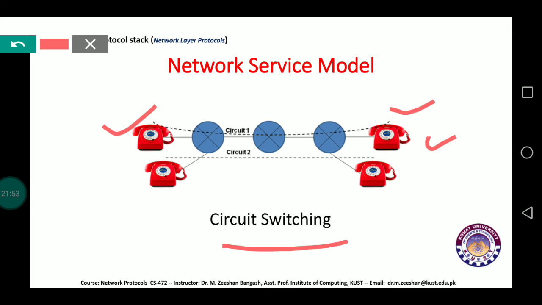So circuit switching is a model in which a circuit is created between a source and destination, and the packet is moved using that network layer or IP protocol towards its destination on a fixed path for some duration of time. So this is a network service model for better communication.